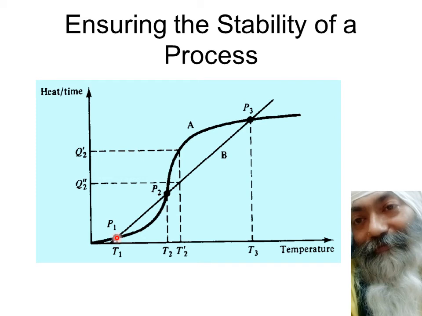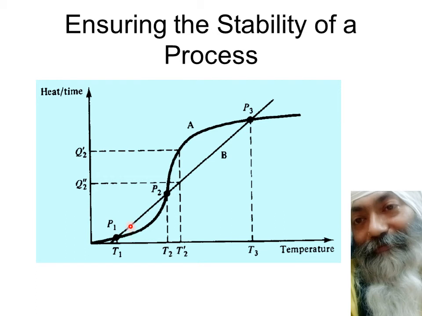At T1, suppose there is an increase in temperature. So temperature increases as you move along this axis, and the temperature becomes this much. At this temperature, what is the heat released? Heat released is at this point, and heat absorbed is more.